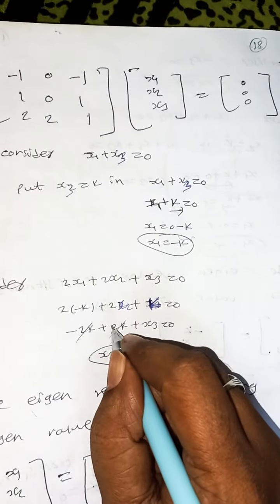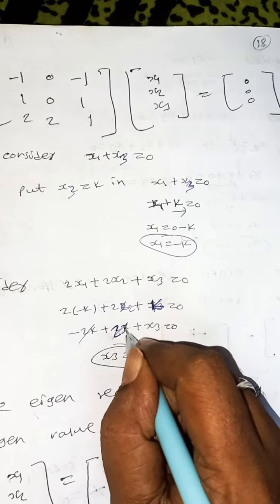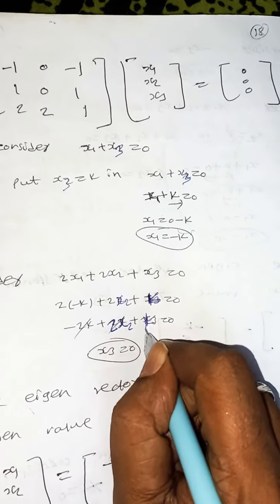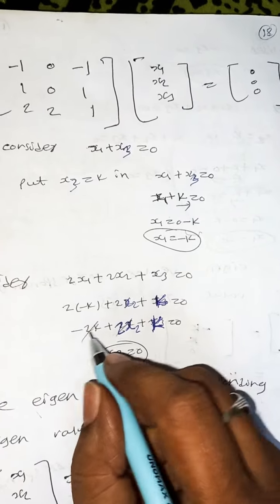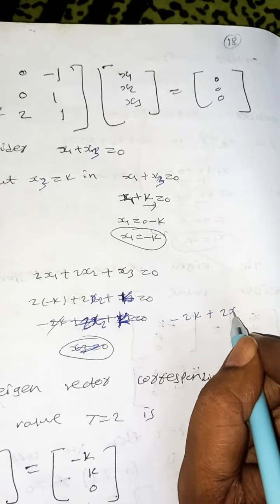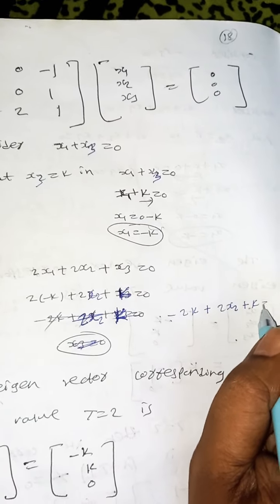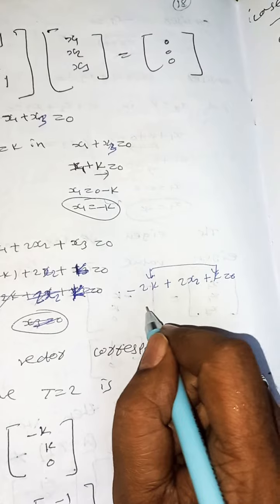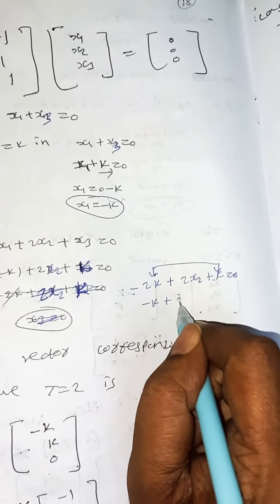Okay, here 2x2, write as it is, and in place of x1 put minus k. I am writing this step again. So minus 2k plus 2x2 plus k is equal to 0. Minus 2k plus k is minus k. Minus k plus 2x2 is equal to 0.